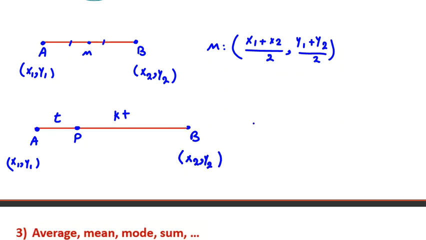We want to find the coordinates of M in terms of x1, x2, y1, y2, and k. Okay, the ratio is k. For example, here the ratio is 1. And we have this, we have a general case. So try this one as homework.